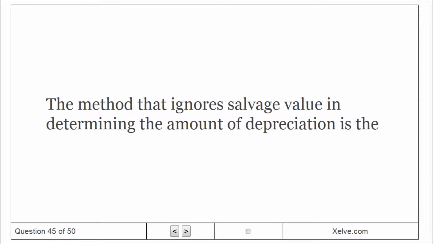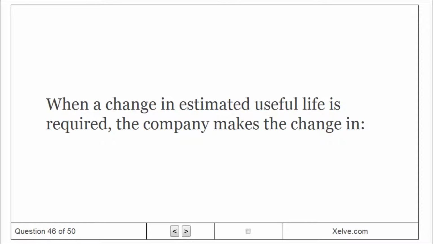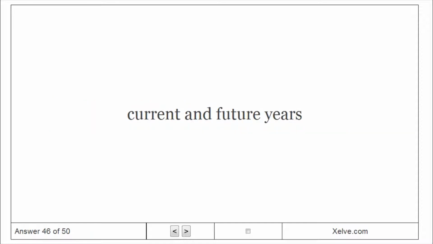The method that ignores salvage value in determining the amount of depreciation is the declining balance method. When a change in estimated useful life is required, the company makes the change in current and future years.